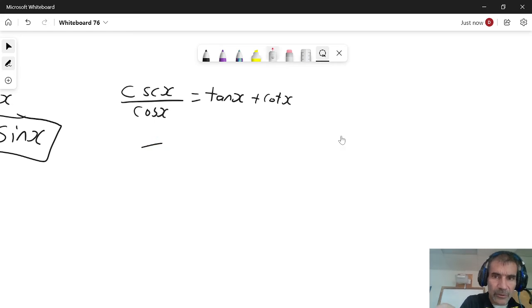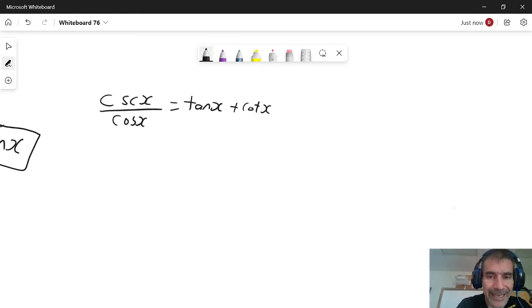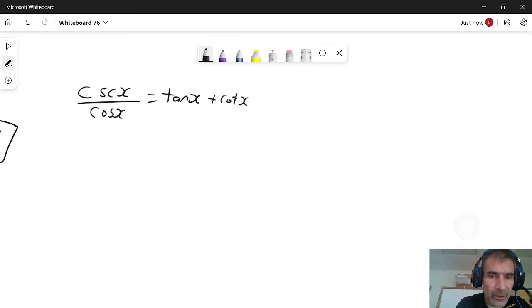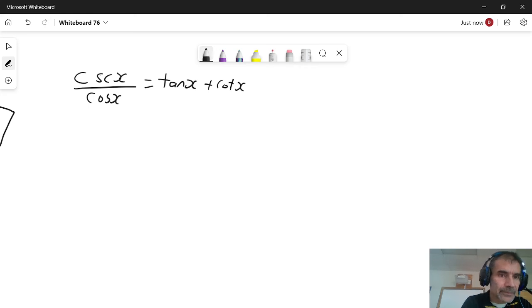So I'm setting out to prove that the cosecant of x divided by the cosine of x is equal to the tan of x plus the cotan of x. The cosecant of x is, as we've said before, 1 over the sine of x.